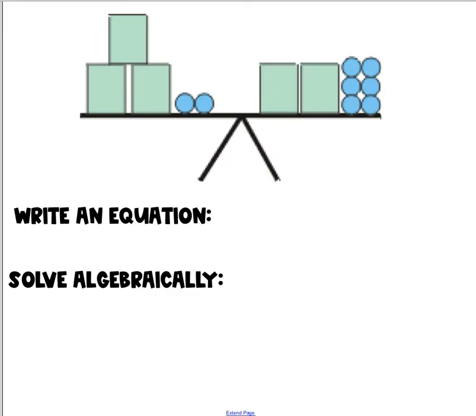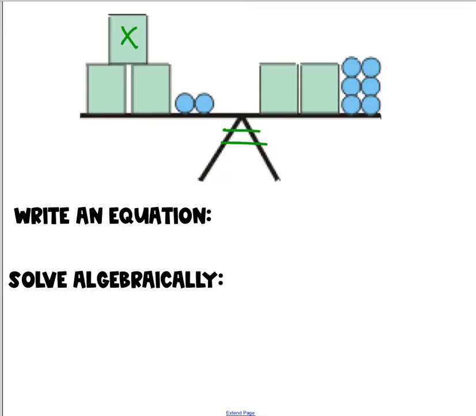I have 3 rectangles and 2 circles on one side. And I have 2 rectangles and 6 circles on the other side. If I wanted you to find the value of one green rectangle, what could you do to do that?